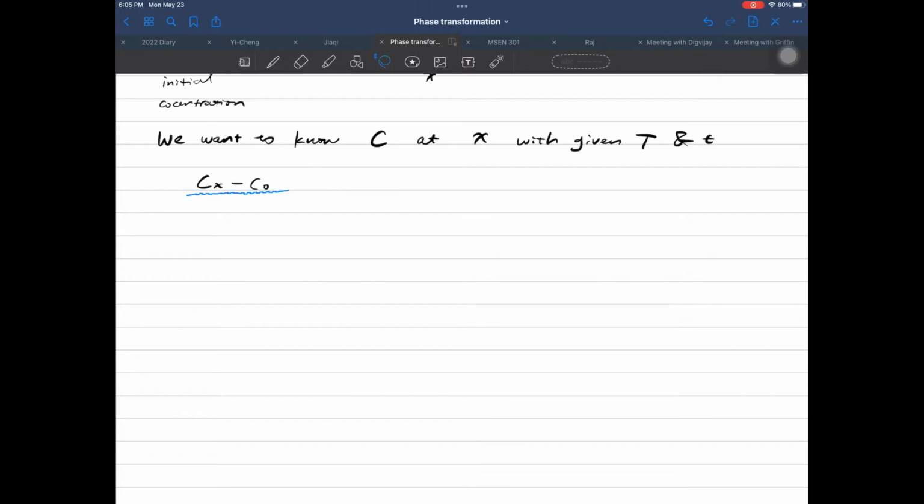Cx, that's concentration at position x, minus C0, that's the initial concentration, over Cs, that's the surface concentration or the concentration at the interface, minus C0, equals 1 minus error function of x over 2 square root of Dt. The capital D here is the diffusion coefficient, t is time.